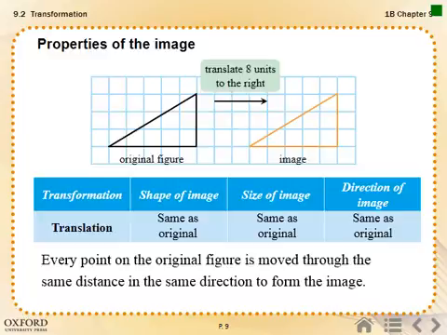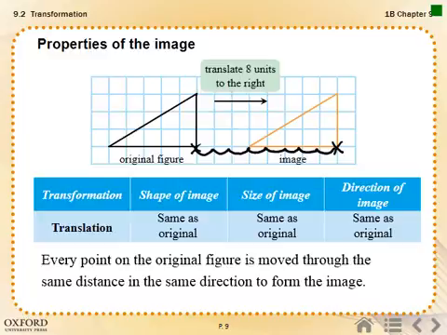For example, here, if I translate x units to the right, that means for this point, it moves 1, 2, 3, 4, 5, 6, 7, and x units. Originally, the point is here, and finally, the image point is here.